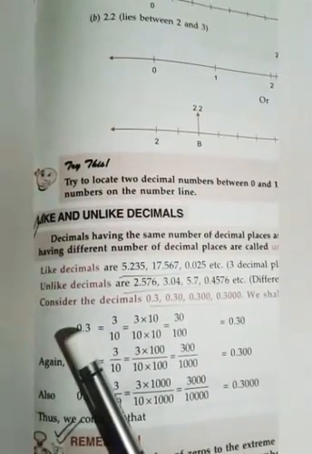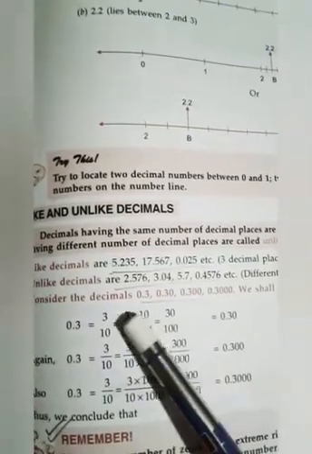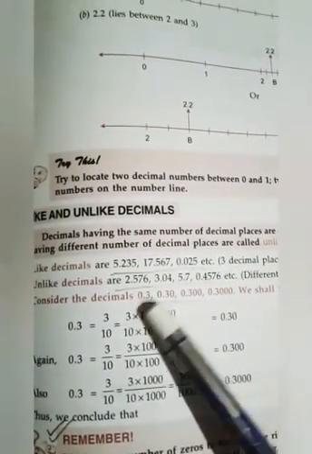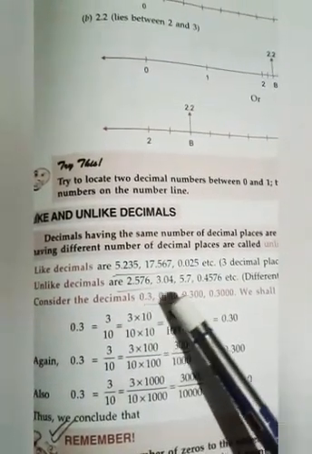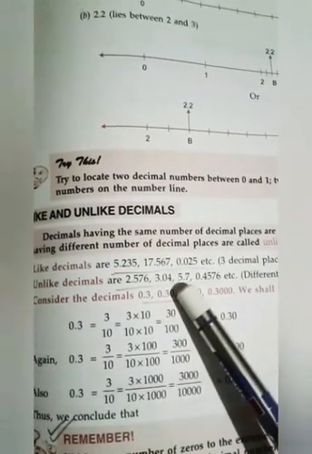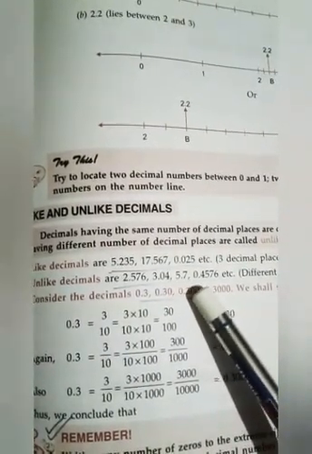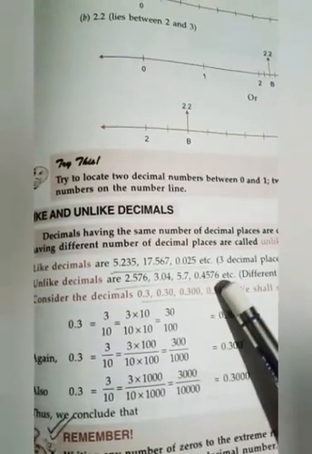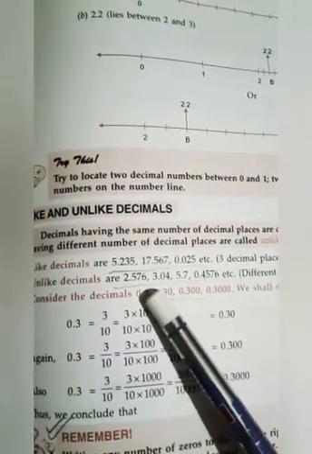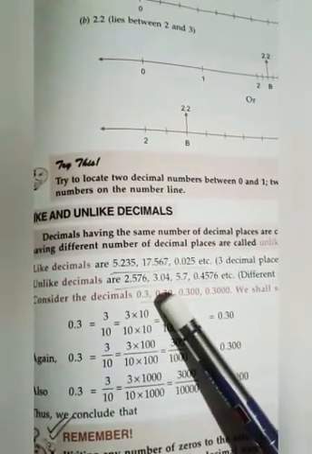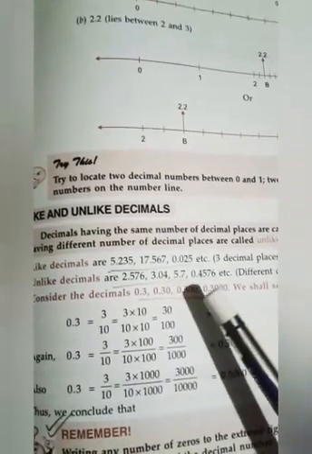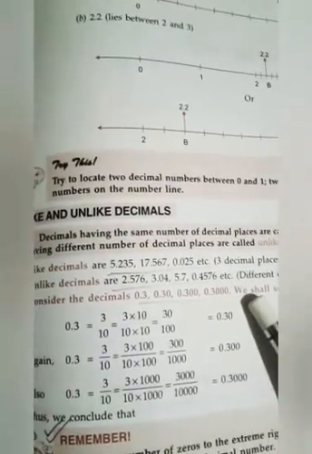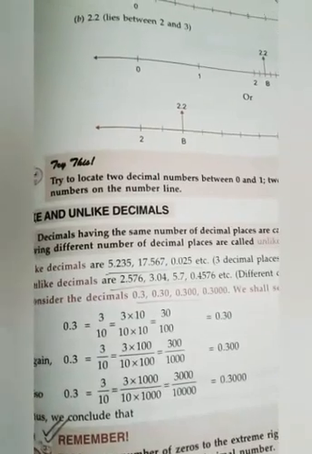But here you see unlike decimals are 2.576, 3.04, 5.7, 0.474576. Here 3 places are there, here 2 places, here 1 place, here 4 places. So different decimal places in each case.